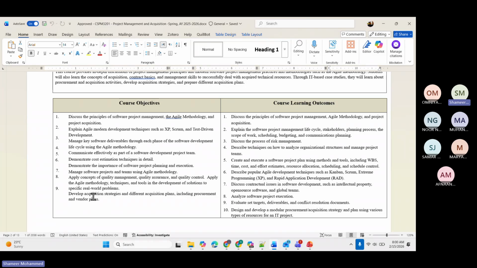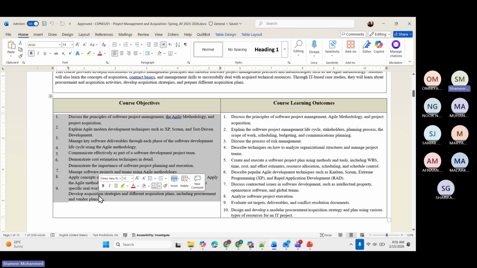What are the different plan strategies, how you can get the services to do your project. How you can use the methodology, how you can calculate the cost of the project, how you can manage the time of the project, how you can form the team. All these are the objectives you'll be able to know after you complete this course, right?